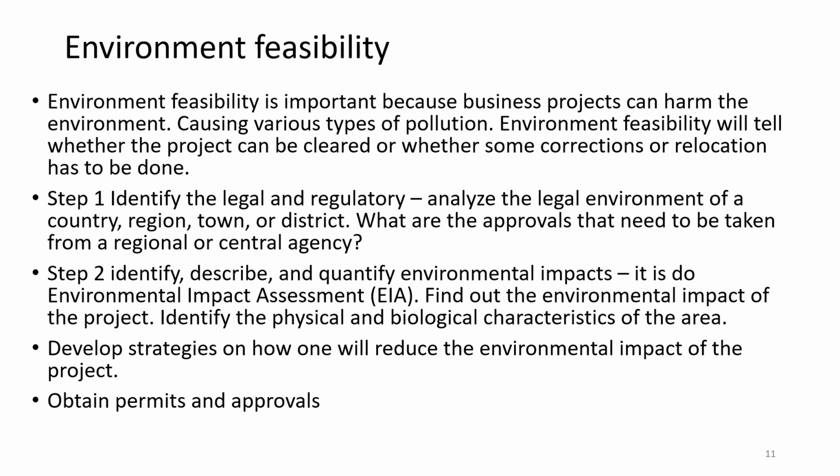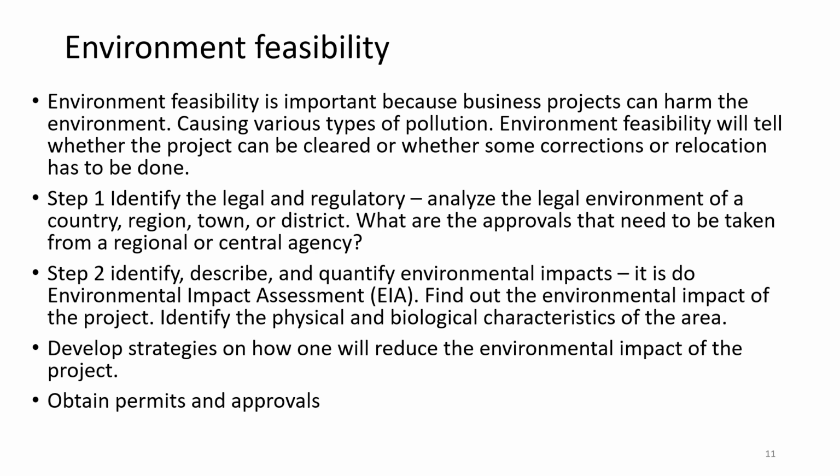What are the approvals you need to take from regional agencies and central government agencies? Then you identify and quantify your environmental impact, that is known as EIA, Environmental Impact Assessment. So you find out how much impact your project will have on the environment, like manufacturing plants will have a lot of impact.